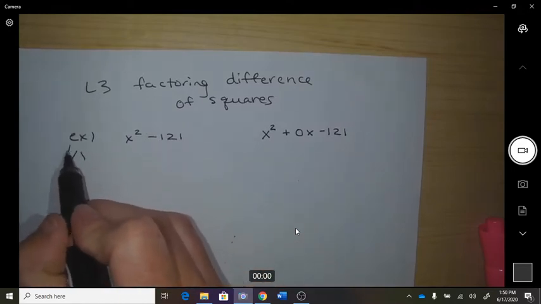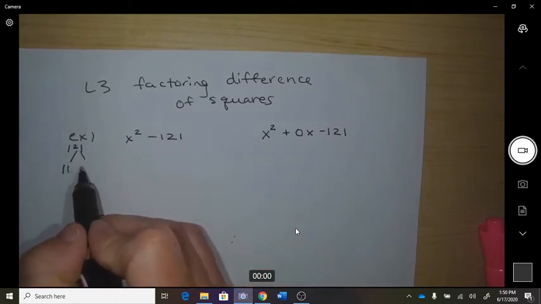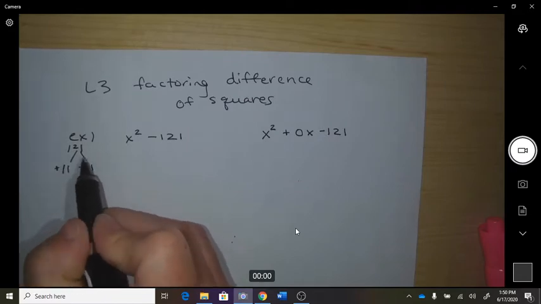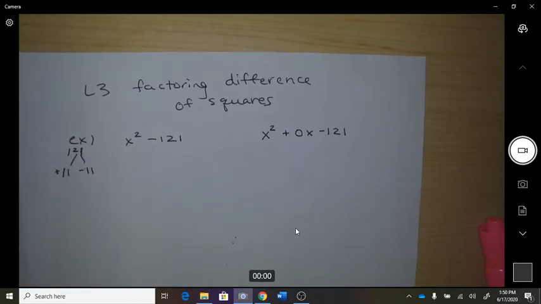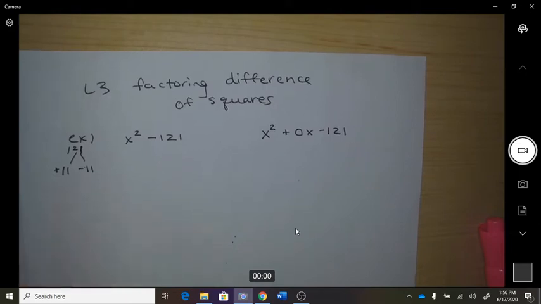So can you think of 121? So you would need 11 times 11. And to make 0, one's positive and one's negative.